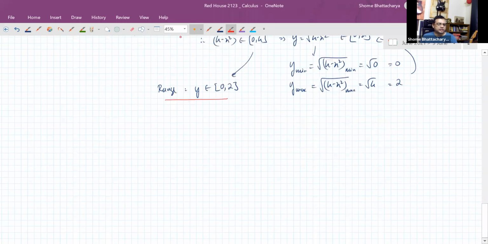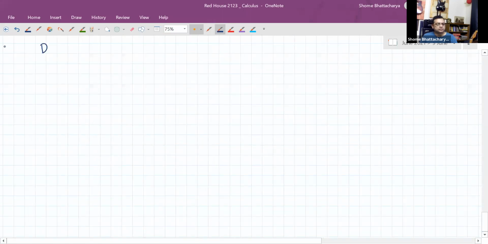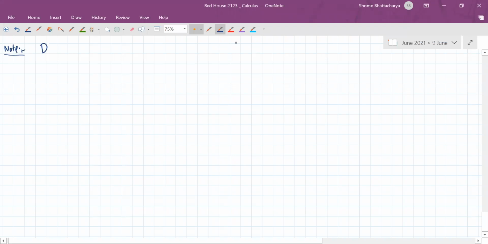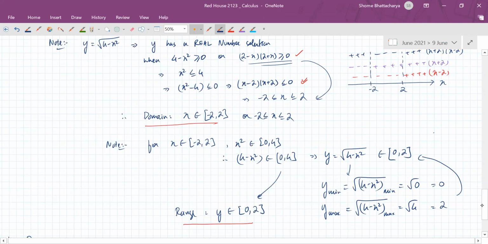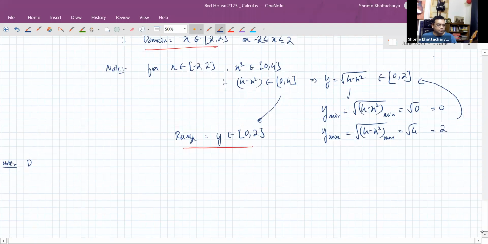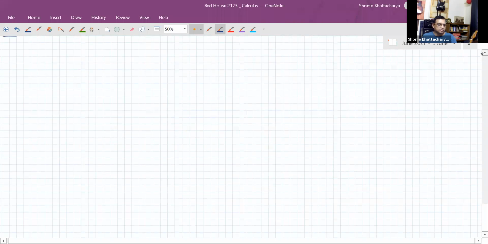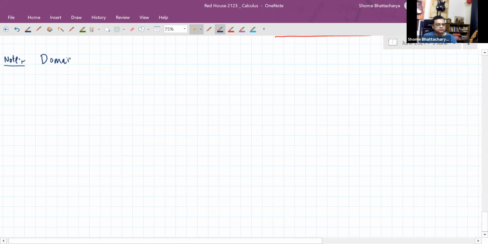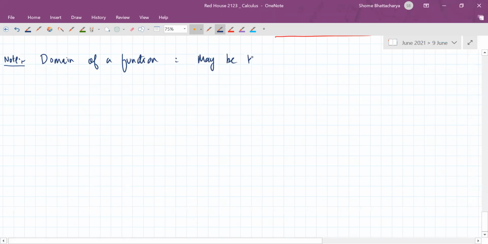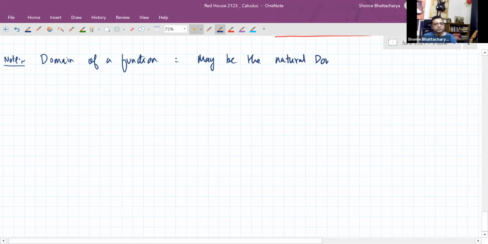All right, now just one more thing we have to understand, that when we talk about the domain of a function, there is something called a natural domain for a function and something called a restricted or specific domain.